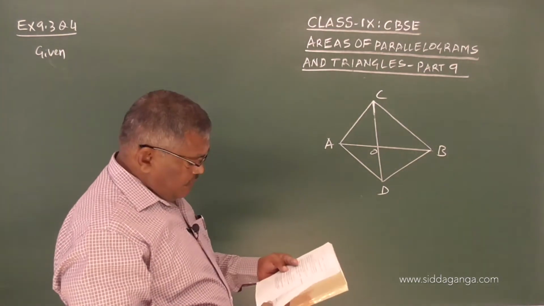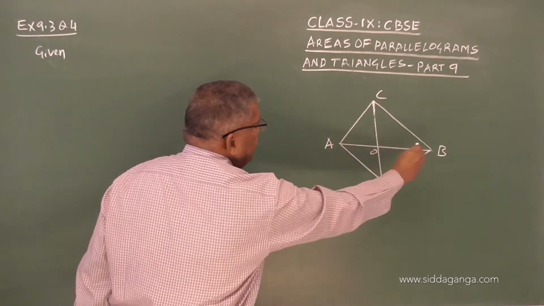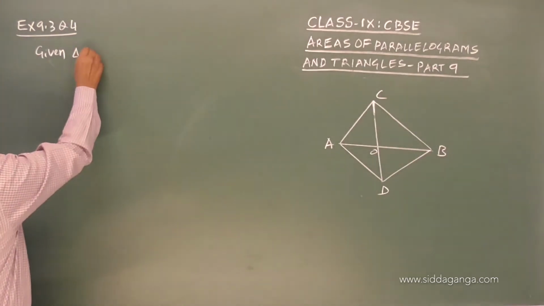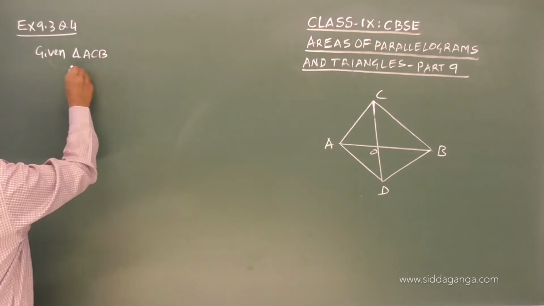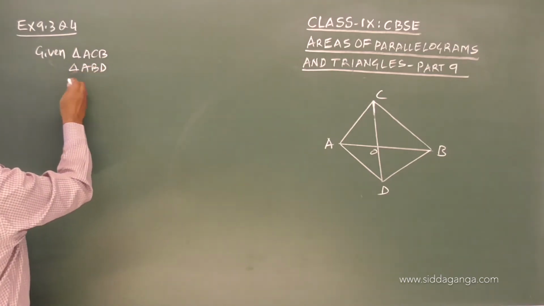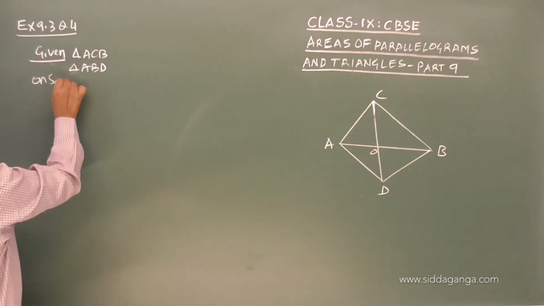Two triangles ACB and ABD, on the same base.